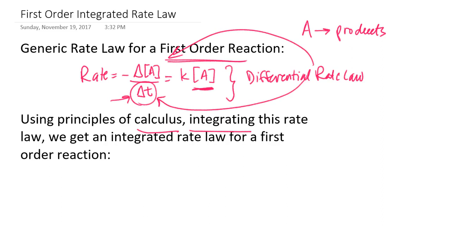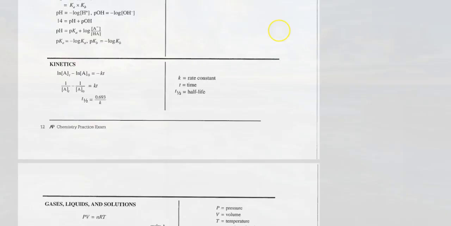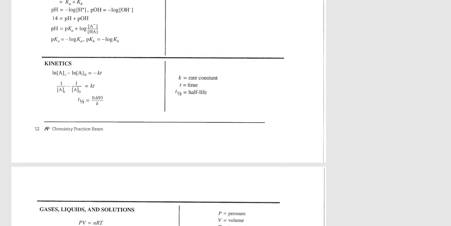Basically, I'm not expecting you to actually work the calculus to show me how the differential rate law becomes the integrated rate law. You just have to be able to use the integrated rate law and also understand how it can be useful to chemists. And so if you take a look at the AP data packet, that's also clearly indicated because they actually give you the integrated rate laws in the kinetics section of the data packet.